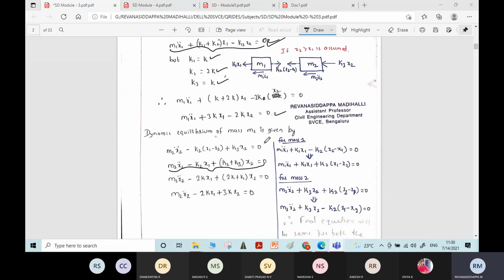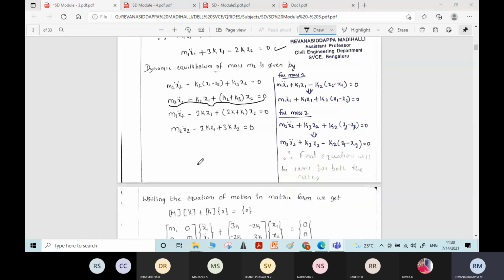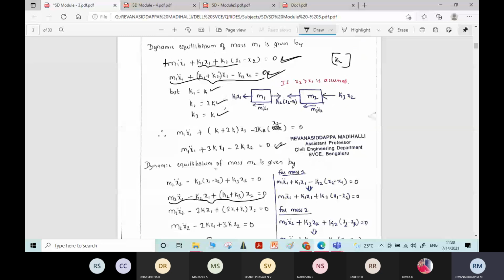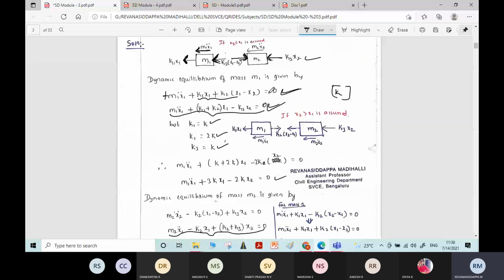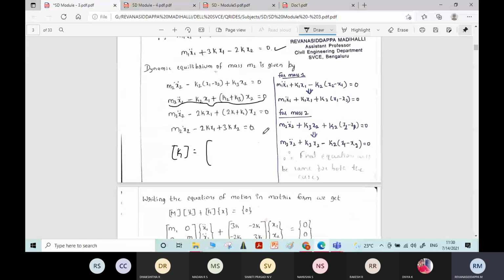So if you formulate the equation for matrix K, referring to this equation, I will call this equation number 1, and this equation number 2.